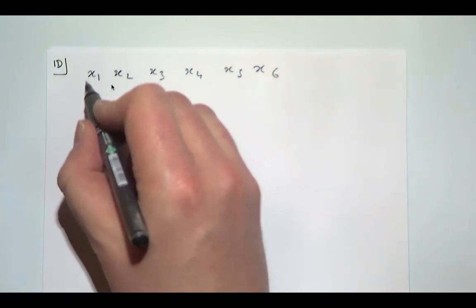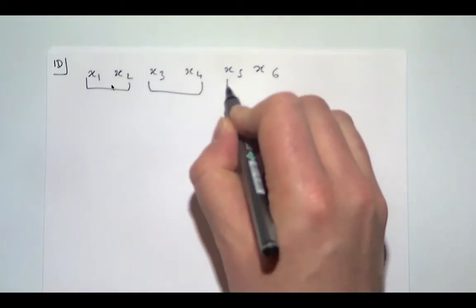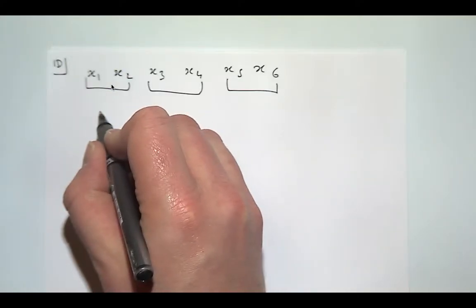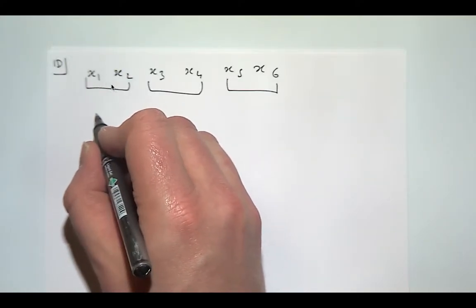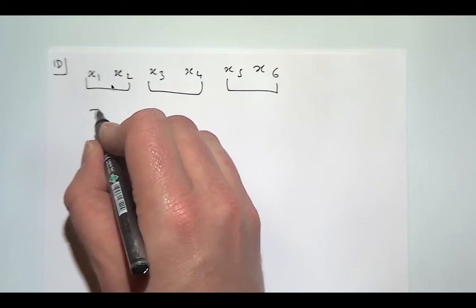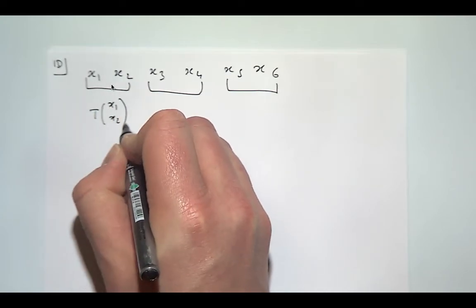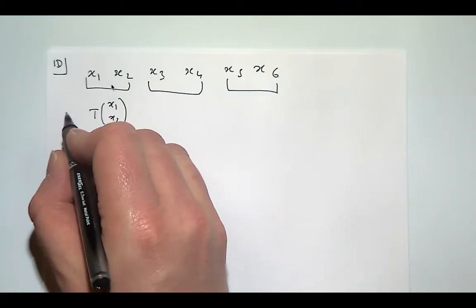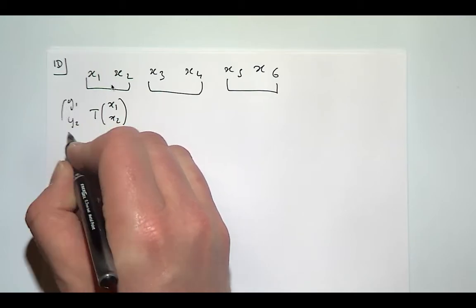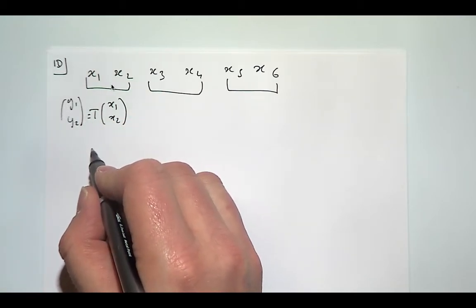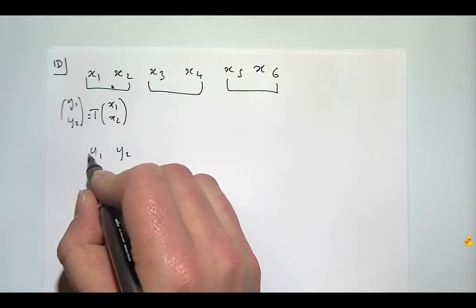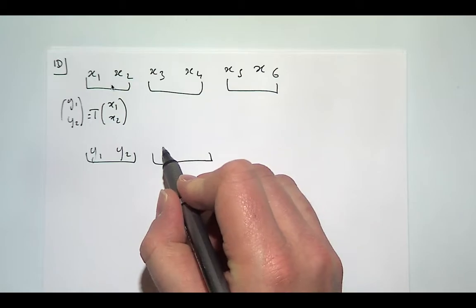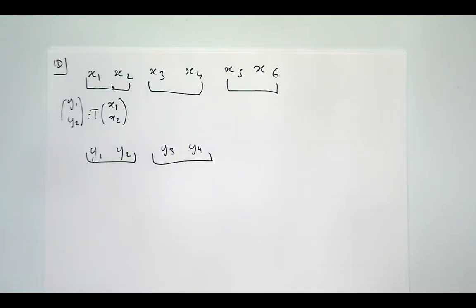The first thing we do is we split that signal into blocks, and then we multiply each block by a transform. That's just a matrix multiplication. And what you get is an output, and you just write down the result of that output for that particular block, okay? And you do the same for the rest, okay?